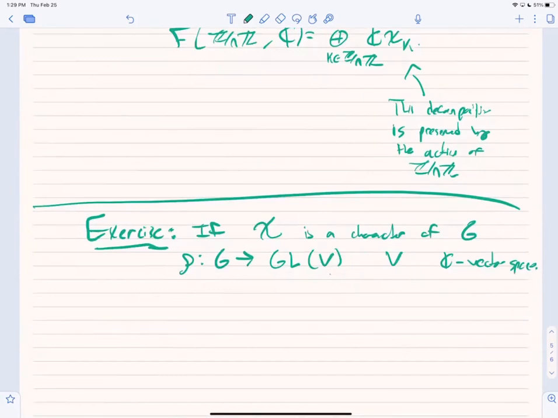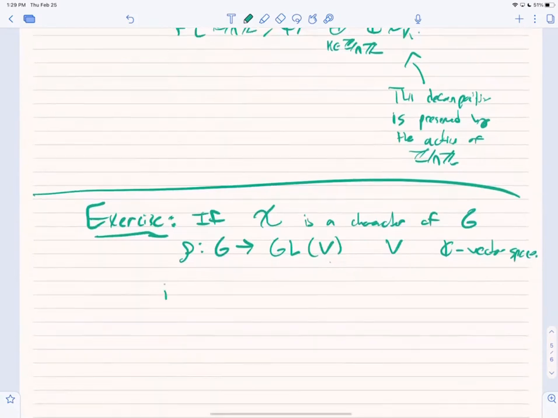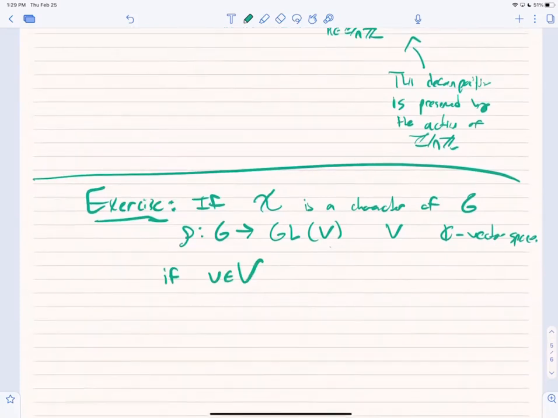And so then, if v is a vector in this vector space V, then we can make a new vector.